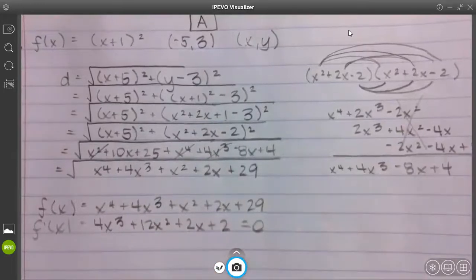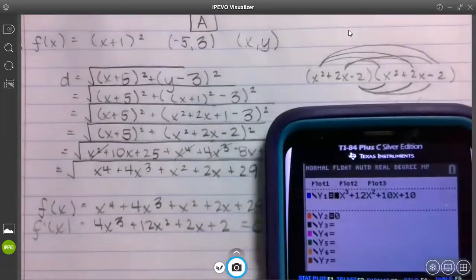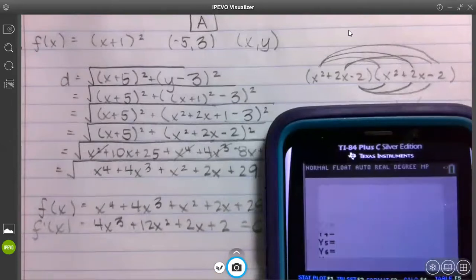And we're going to set it equal to 0. And like I said, I'm going to be a little bit lazy with it. I'm going to put it into y equals 4x to the 3rd, 12x squared, 2x plus 2. I'm going to graph it, with my 0 in y2 so that I can see that intersection.